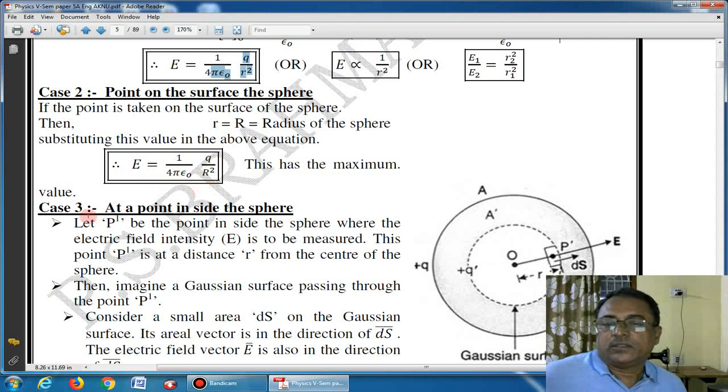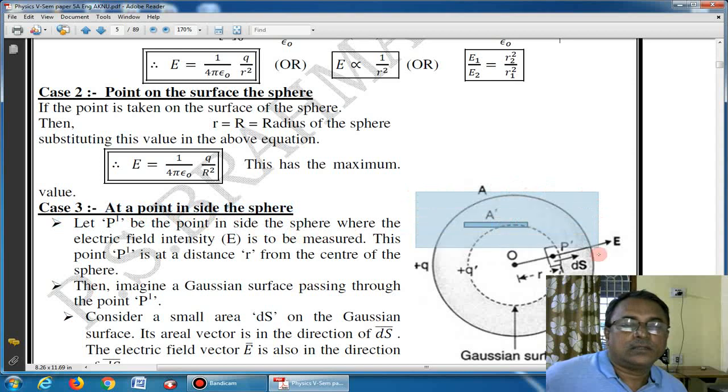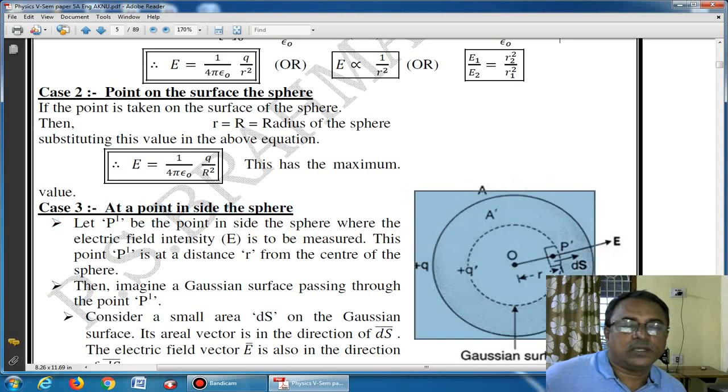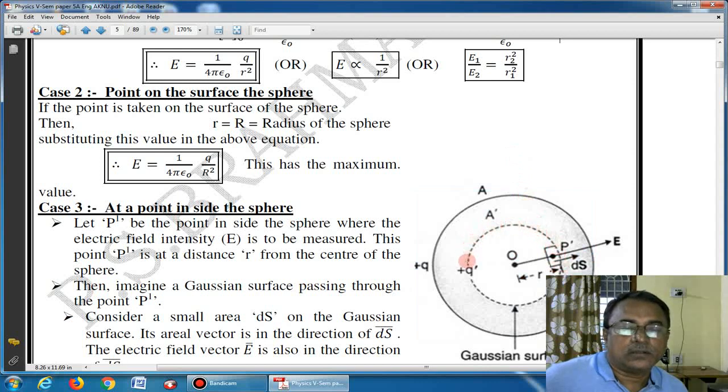Next is the third case, that is if we want to measure the electric field intensity inside the sphere. Say this is the sphere, and the point P is taken within the sphere, and here we want to measure the electric field intensity. Say P dash is the point where the unit positive charge is placed.